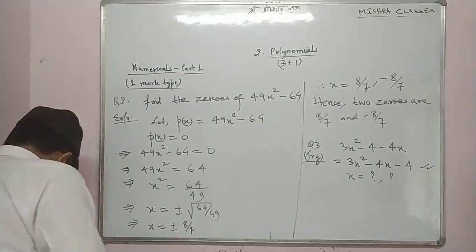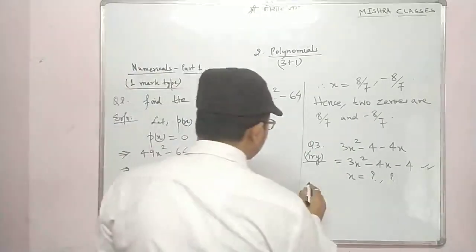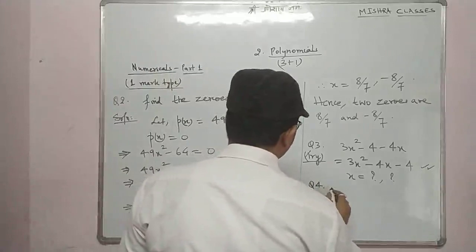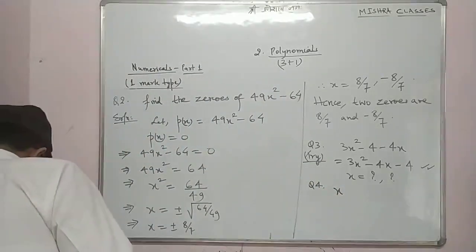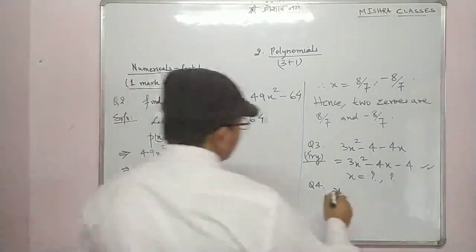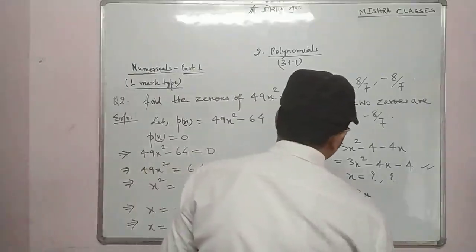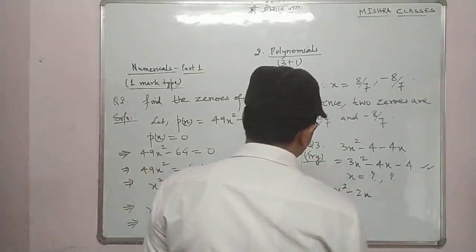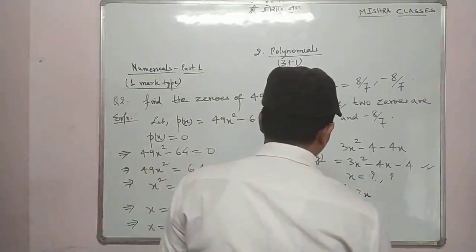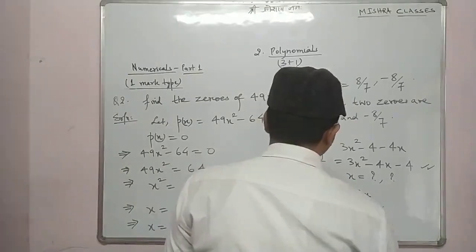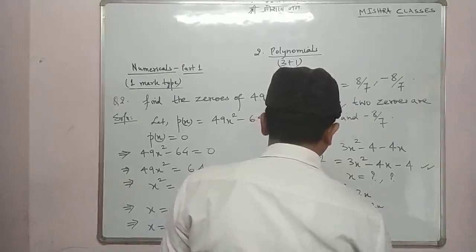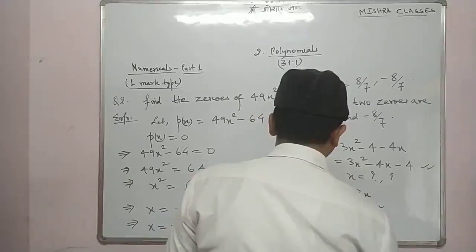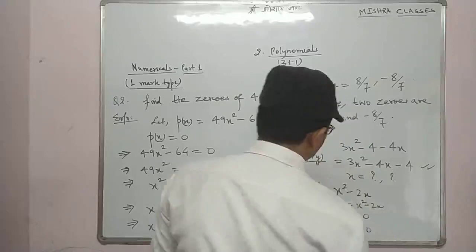Find all the zeros of x square minus 2x. Alright, now I am solving it in short. p(x) equal to what? x square minus 2x. So p(x) equal to 0, which implies x square minus 2x equal to 0. Is it clear?